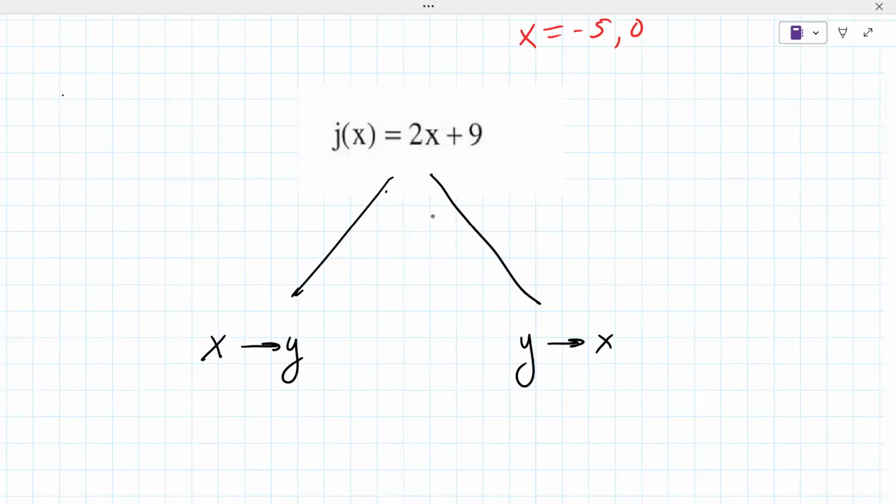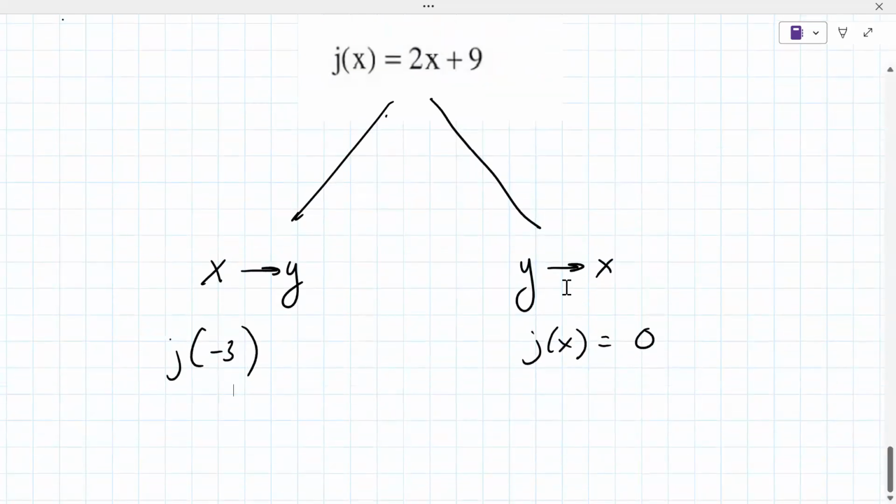If I ask you where j of x equals 0, that's the one on the right. The one on the left is like saying what's j of -3, for example. So that's the big distinction here. Could you try solving each of these, or evaluating the appropriate one?